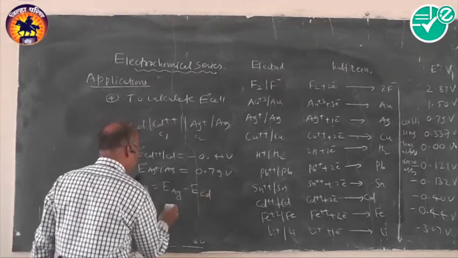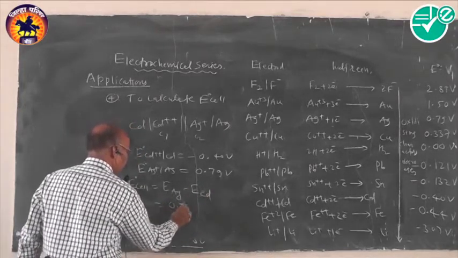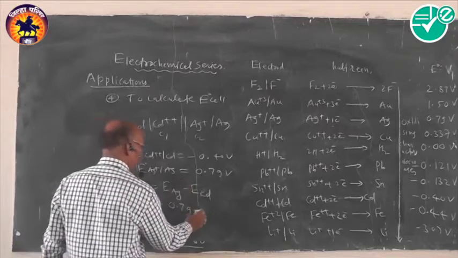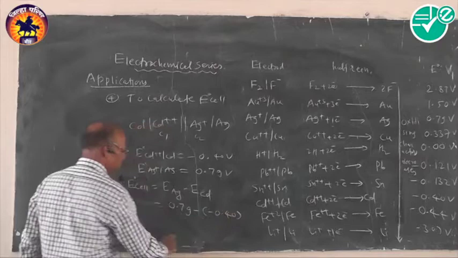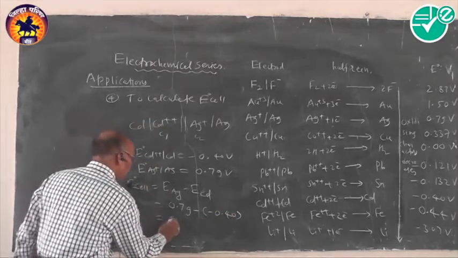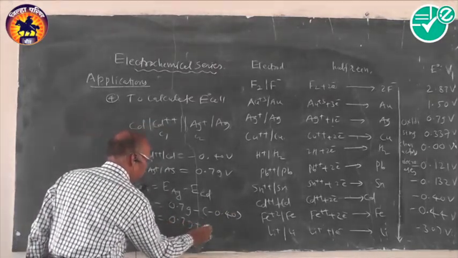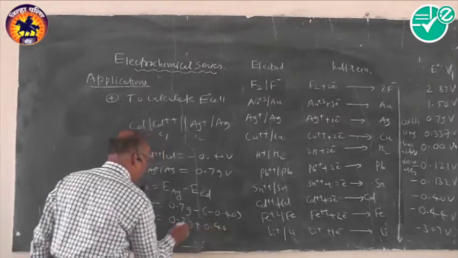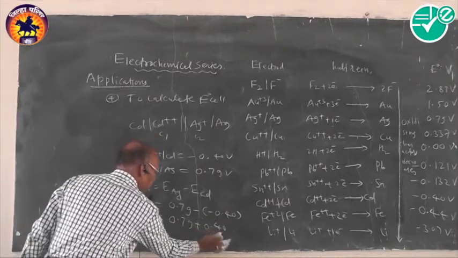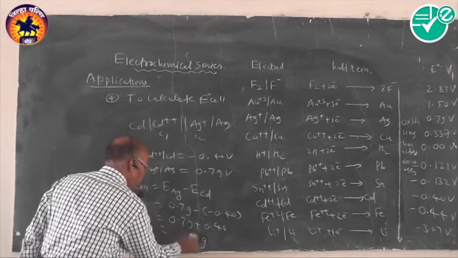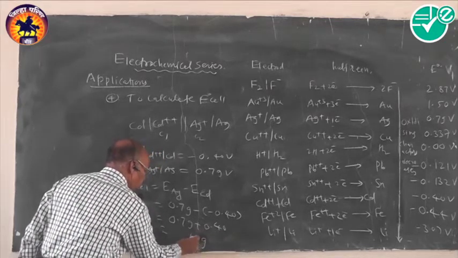Put up the values here: 0.79 minus minus 0.40. So we will work out this one: 0.79 plus 0.40, that is 1.19 volt.